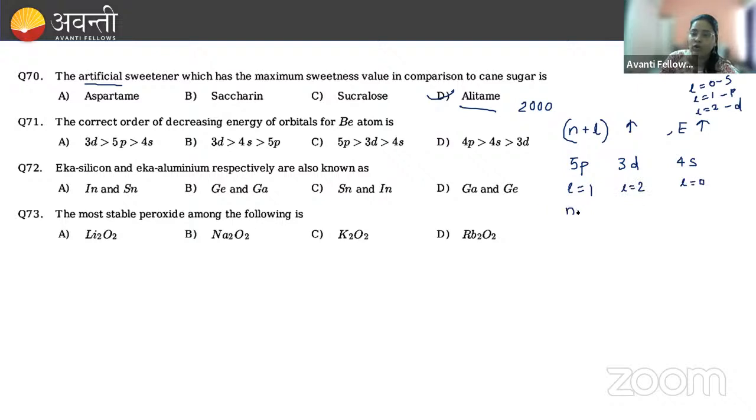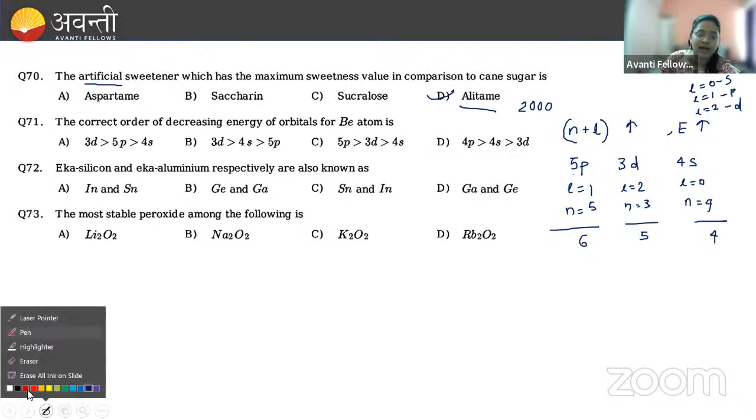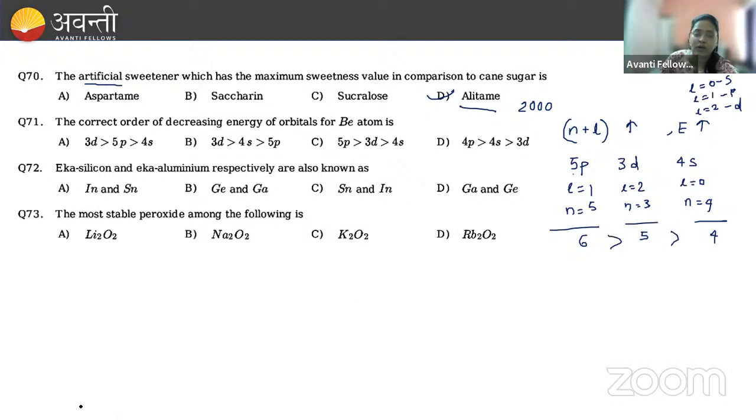And the n values are 5, 3 and 4. Sum these: you will get 6, 5 and 4. Whichever has the higher n plus l value will have the higher energy. So here you can see 6 over 5 over 4.